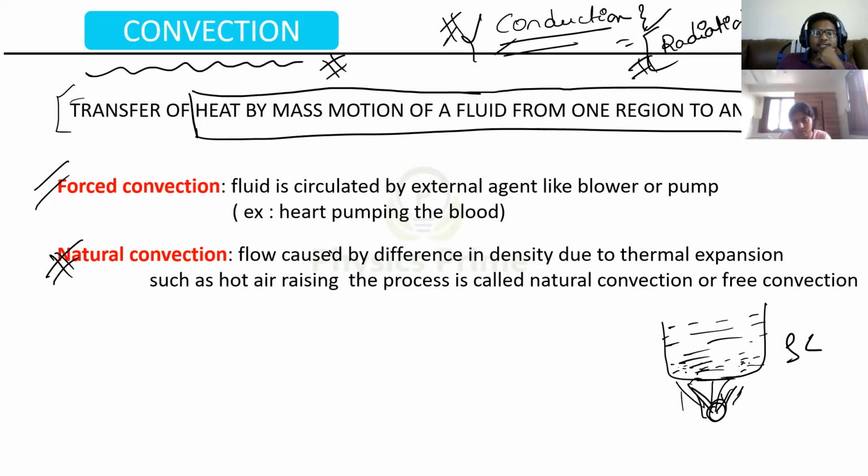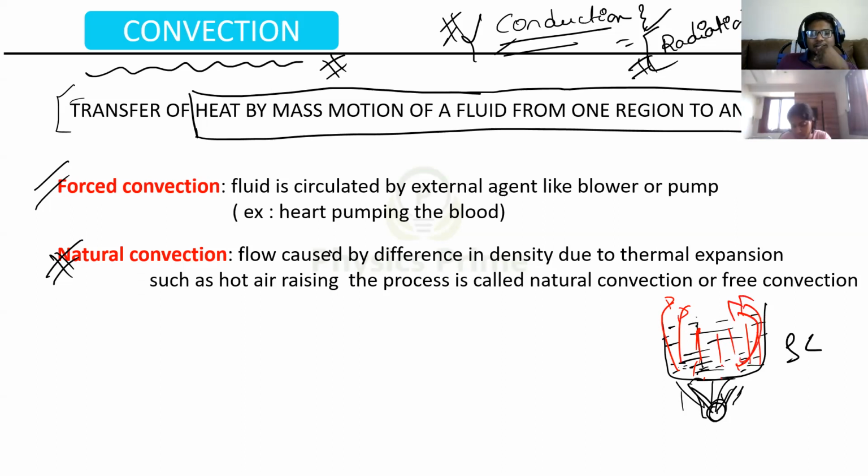Because of the temperature difference, the molecules with more temperature have less density, and at low temperature the density is higher. So the higher density molecules will come down, and the lower density molecules will go up, right?